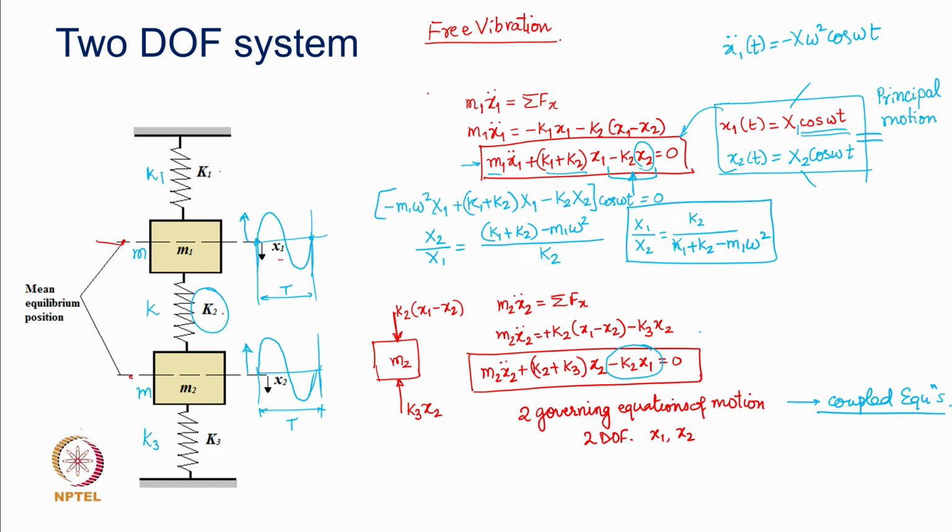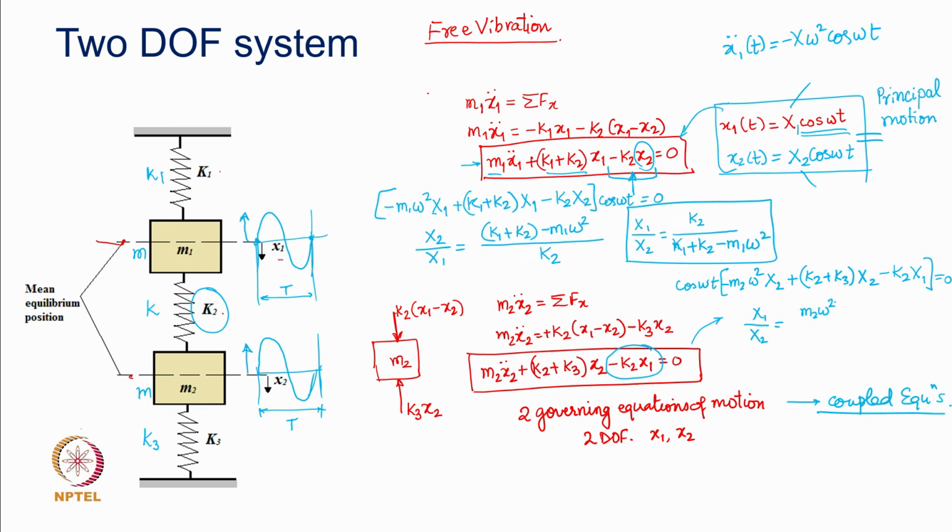And by substituting into the second equation, you would get this as what? So, minus m2 omega square x2 plus k2 plus k3 into x2 minus k2 into x1, the entire thing multiplied by cos omega t, of course, equal to 0. So, when I reorganize this, x1 over x2 will turn out to be what?